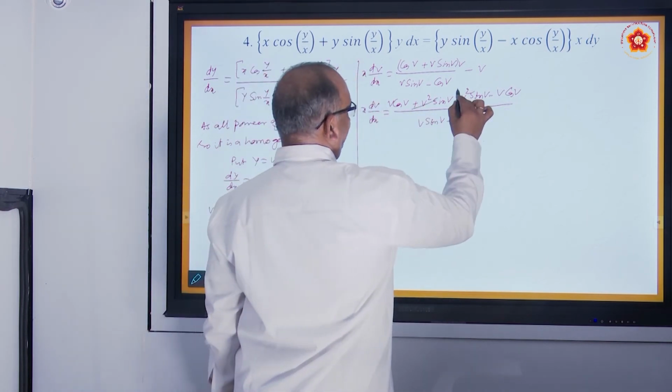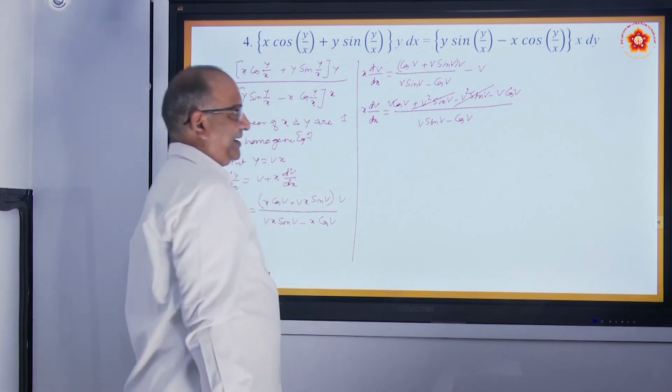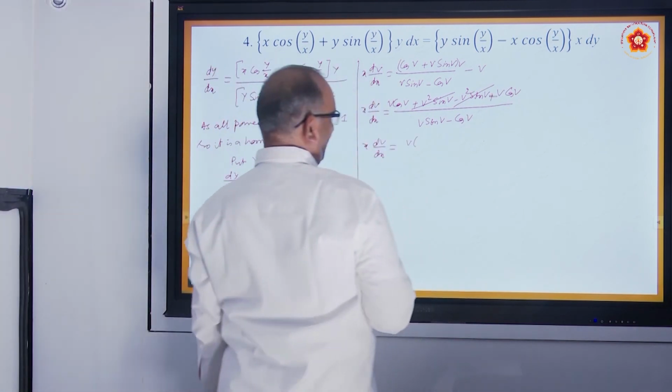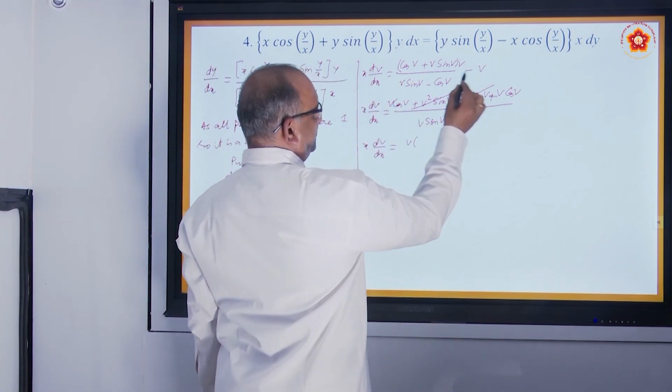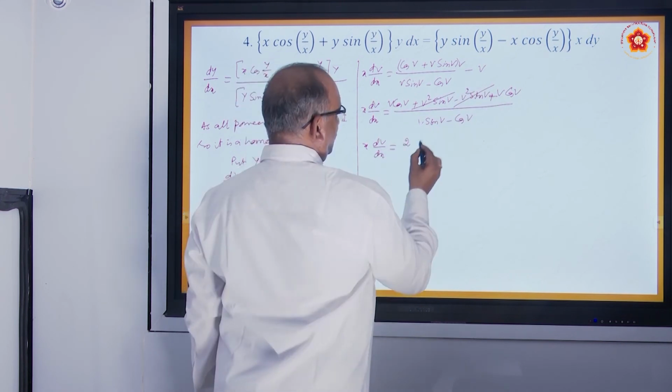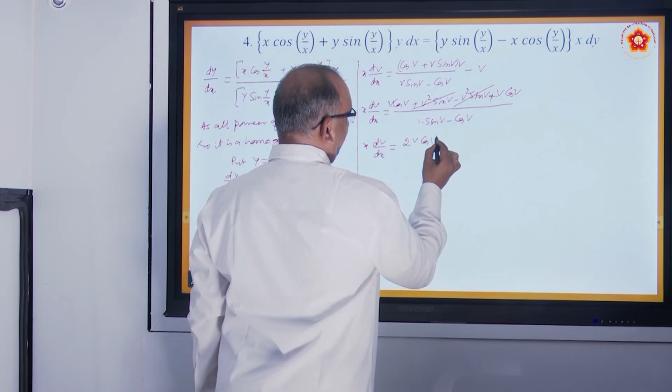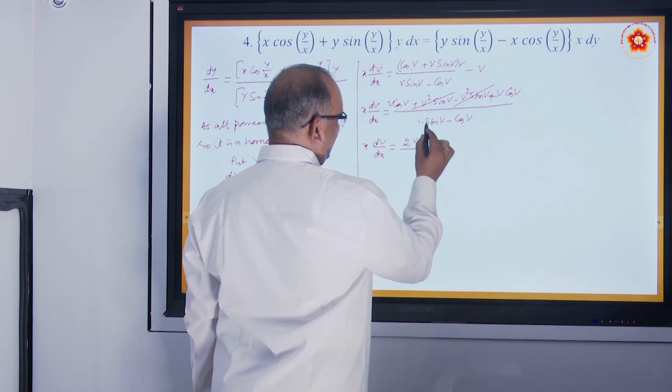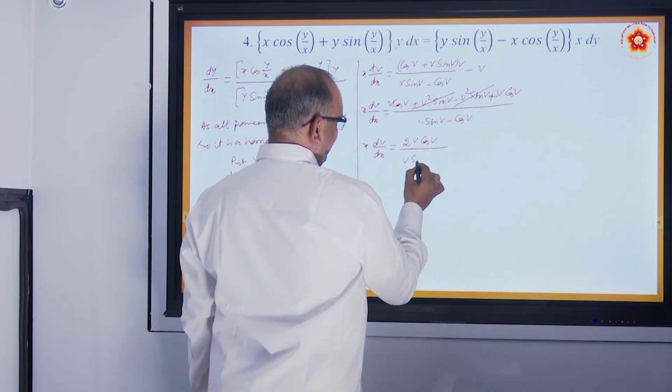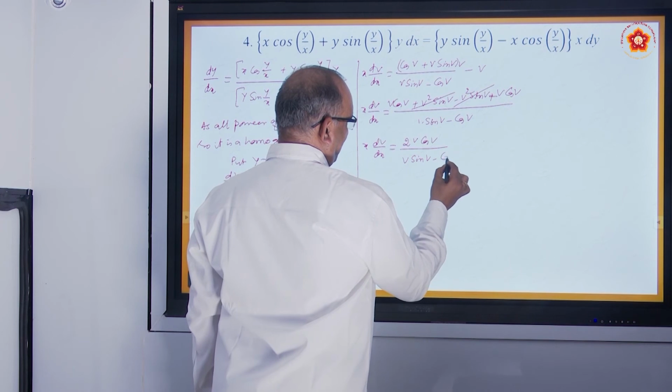So plus v square minus v square will get cancelled. Okay. So v cos v plus v cos v, it will become 2v cos v upon v sin v minus cos v.